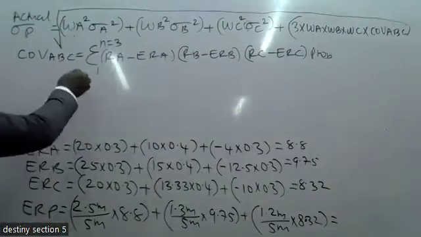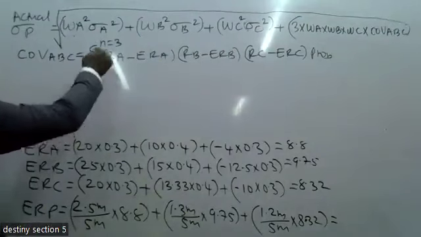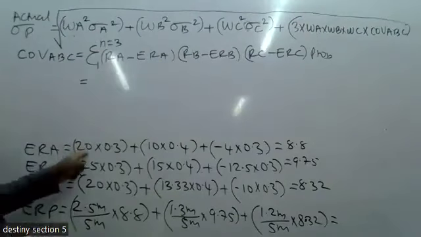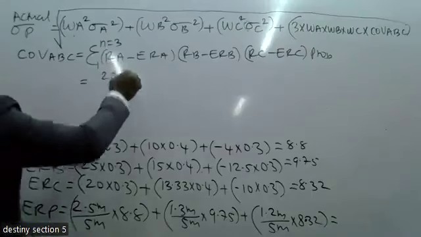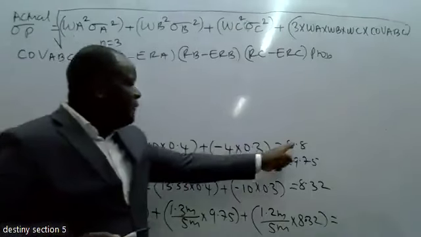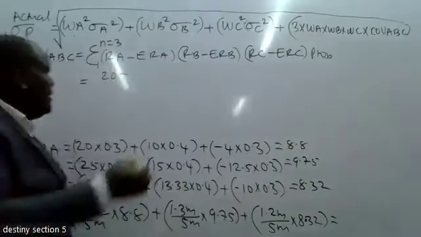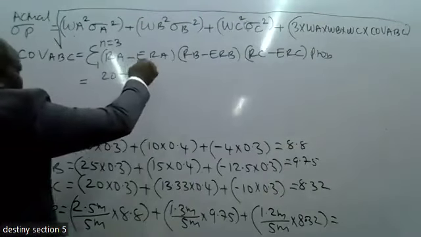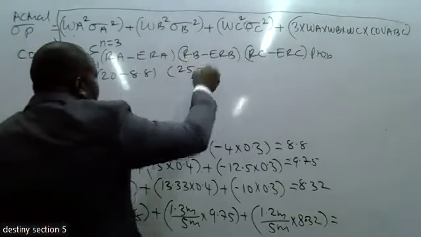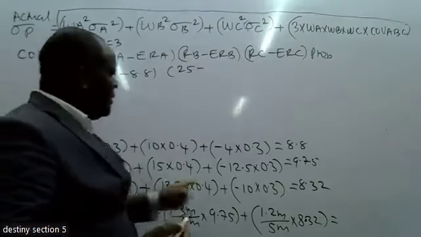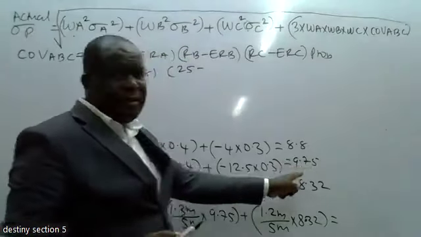So the first return for A, remember it was 20. So you take 20 minus the expected return for A, which was 8.8. Then the first return for B is 25, and the expected return for B is 9.75.